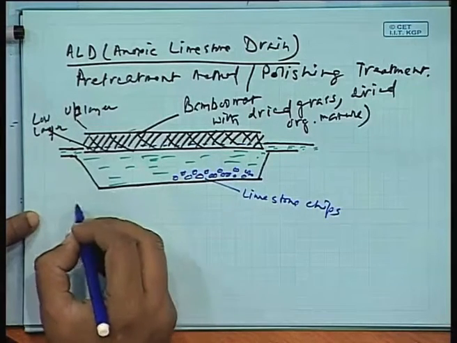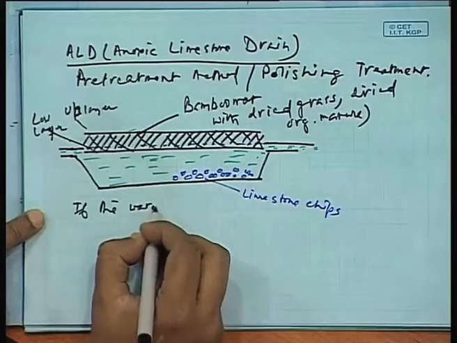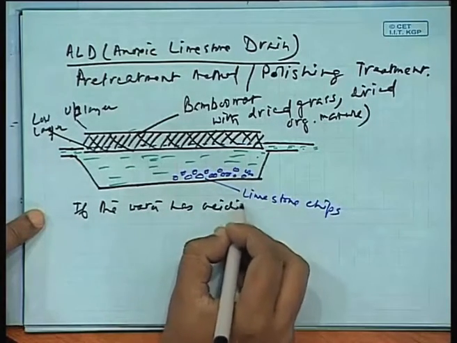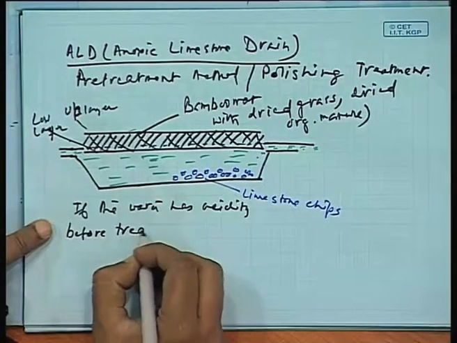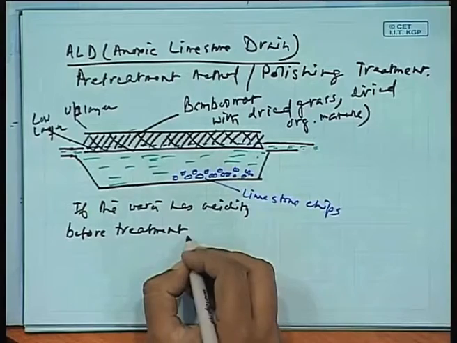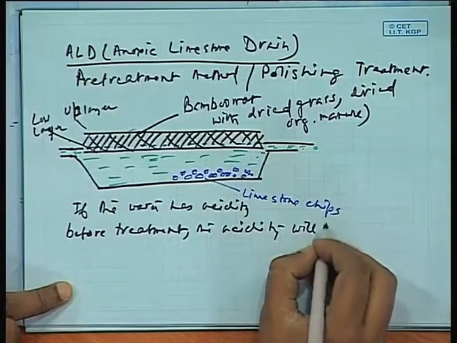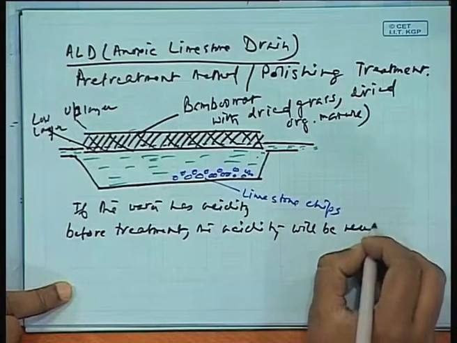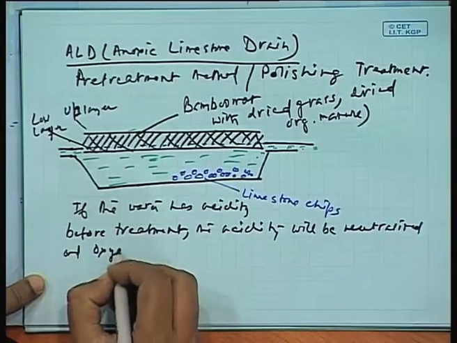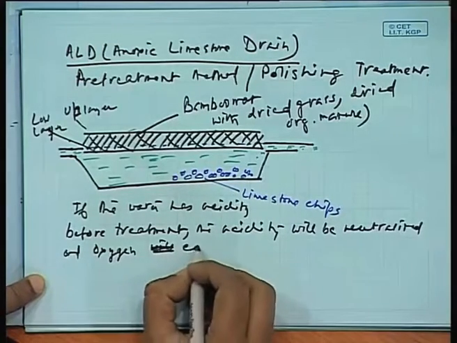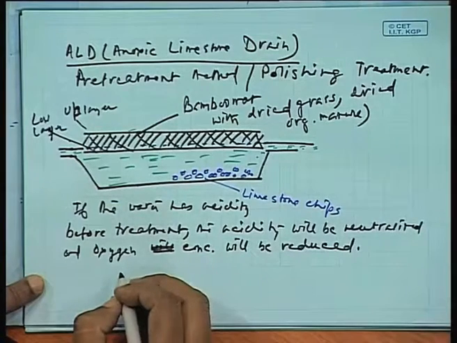Just write down: if the water has acidity before treatment, the acidity would be neutralized and the oxygen concentration would be reduced.